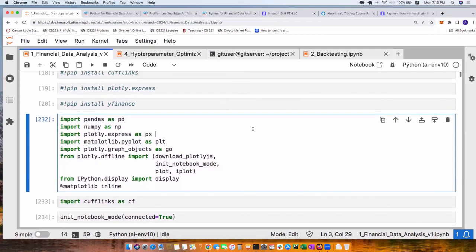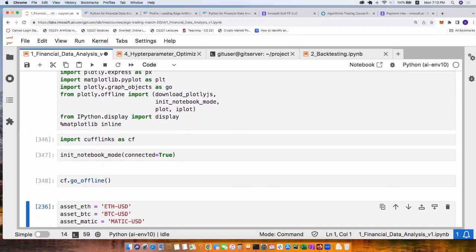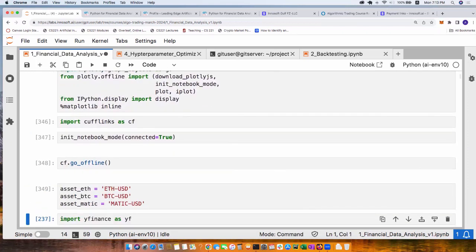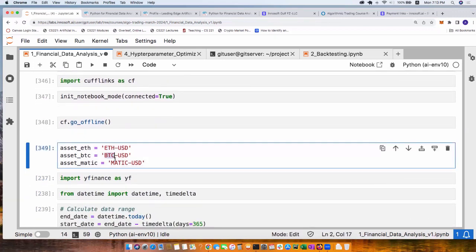But again, here we want to use crypto data, which is available for free. Let's say we are considering 3 assets: Ethereum, Bitcoin, and Matic. These are just cryptocurrencies against the US dollar. And we want to ask some specific questions. Let's say we go back 1 year and spend a certain amount of money on each of these assets.